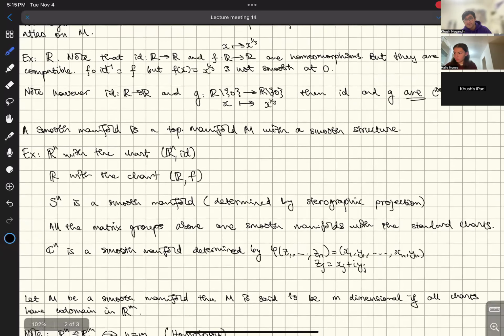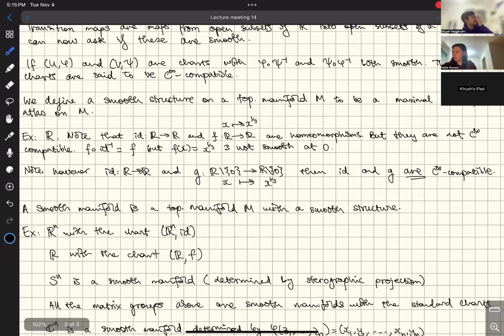Next meeting we'll talk about tangent vectors and what the derivative of a smooth function is. Because we talked about smooth functions, but we didn't talk about derivatives. We somehow talked about a map being smooth without ever mentioning the word derivative, which is very funny.